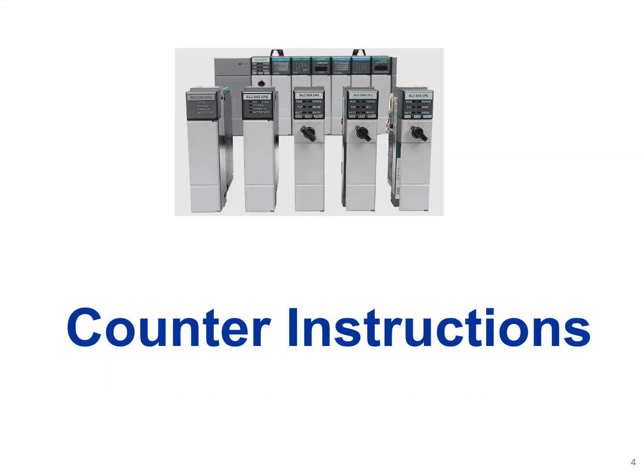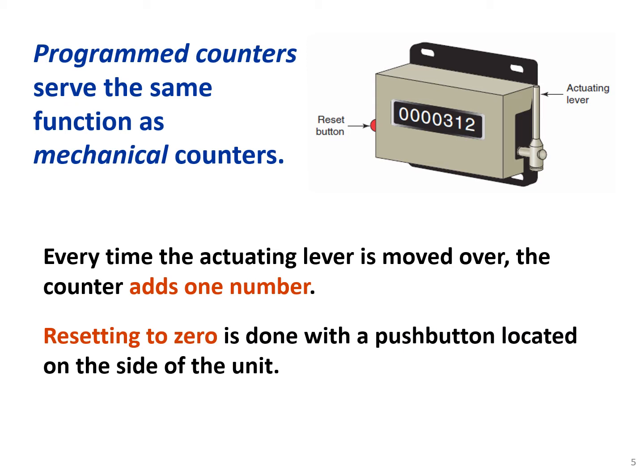Counter instructions. Program counters serve the same function as mechanical counters. Every time the actuating lever is moved over, the counter adds one number. So here you see one mechanical counter, and we have a lever.